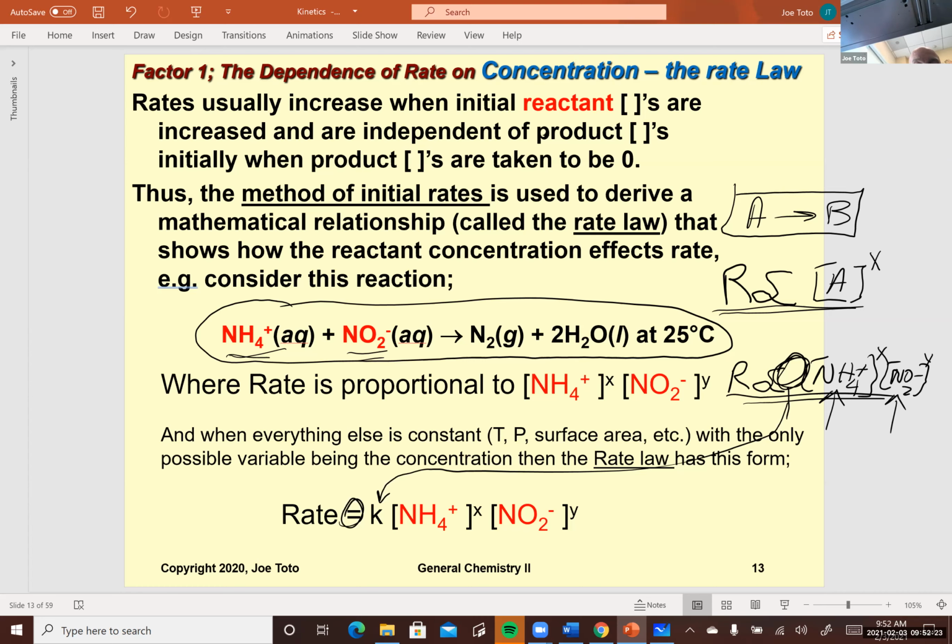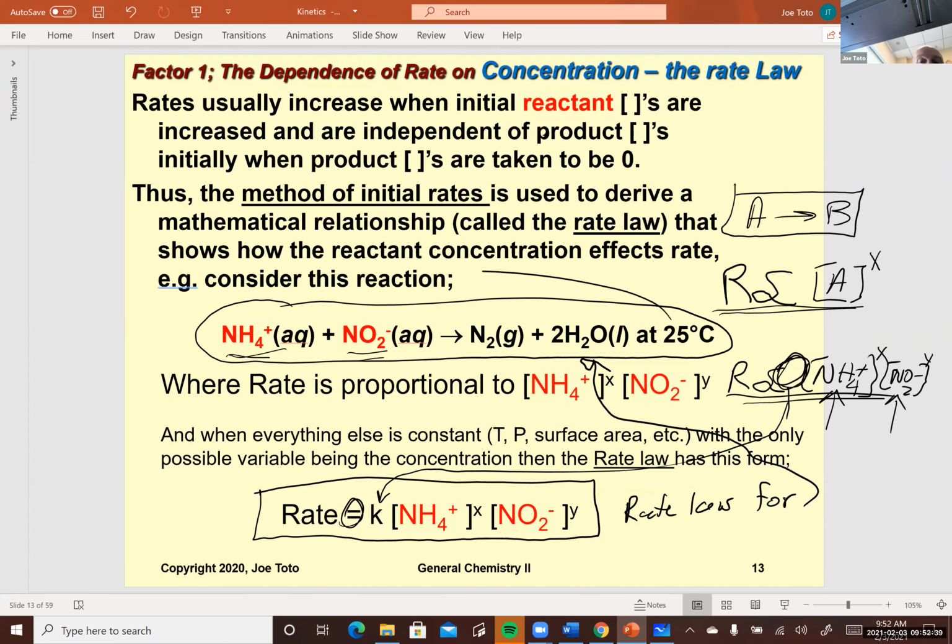Once I realize this, then I've defined the form of my rate law. So this is the rate law for this reaction right here.